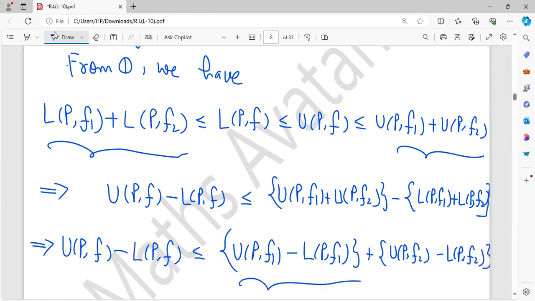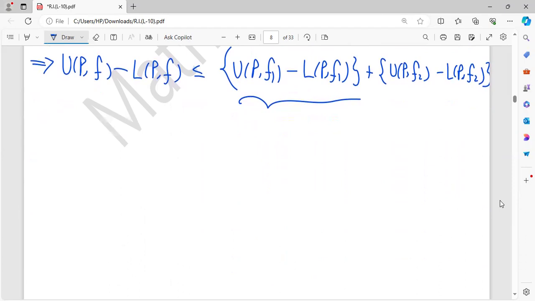But this is less than epsilon by 2, and this is also less than epsilon by 2.